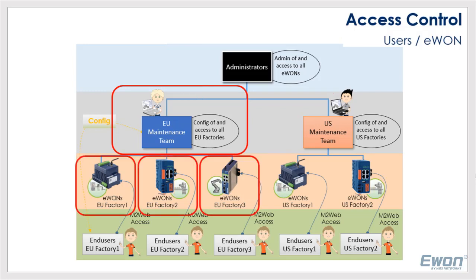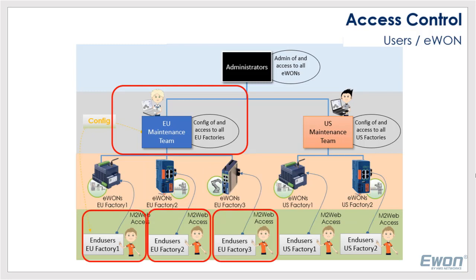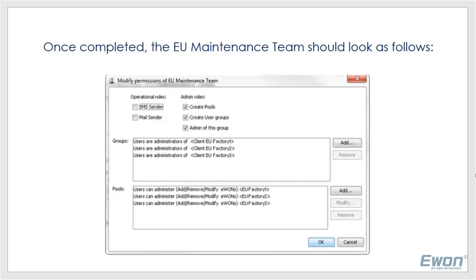The European maintenance group also has administrator rights over the E1 pools associated with their customers' machines, and administrator rights over the user groups associated with their customers' users. The user group permissions for the European maintenance team would look like this. See our other videos for step-by-step instructions for configuring user groups and E1 pools.